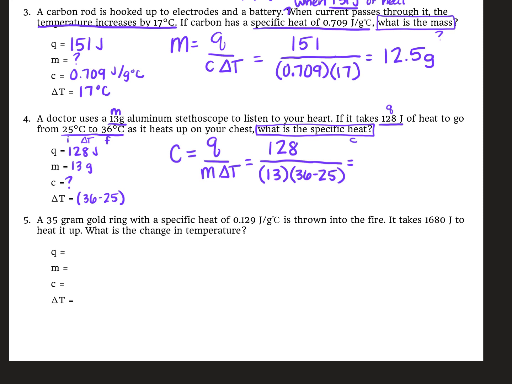Your answer should be 1.1, and the unit for specific heat is J/grams degrees C. We have one more problem.